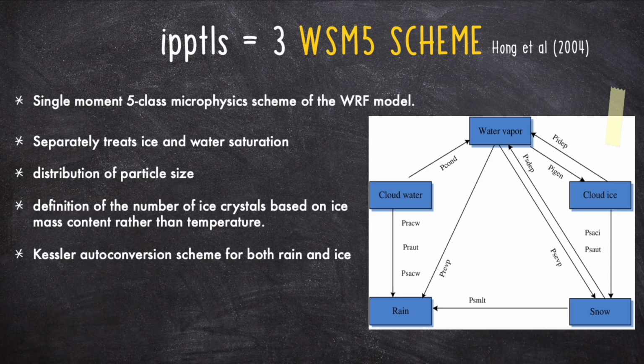The scheme includes the size distribution of ice particles and, as a major novelty, the definition of the number of ice crystals based on ice mass content rather than temperature. It has only one autoconversion scheme, which is the Kessler one, the same as SUBEX, for both rain and ice.